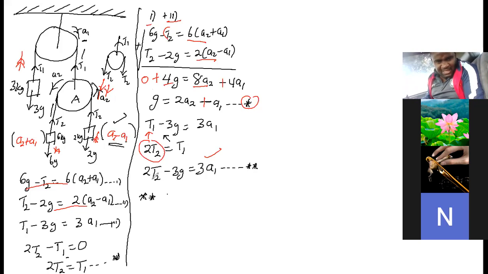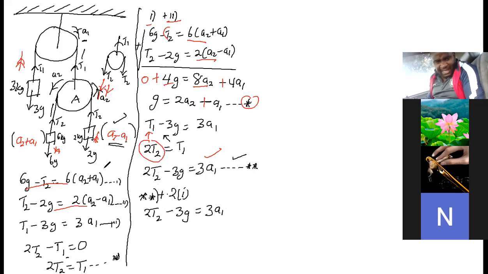Now, I want to eliminate T2. What I can do, I can add this star 2 plus twice of Roman 1, which will become 2T2 minus 3g is equal to 3A1, which I'm using here.